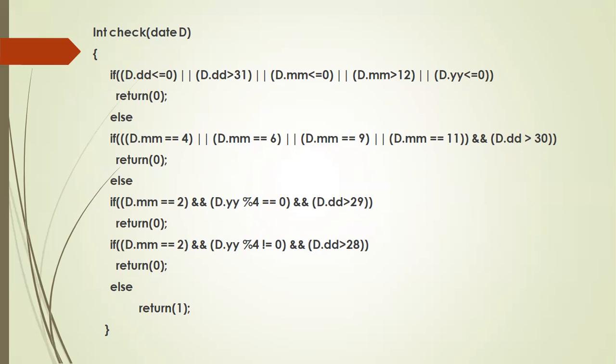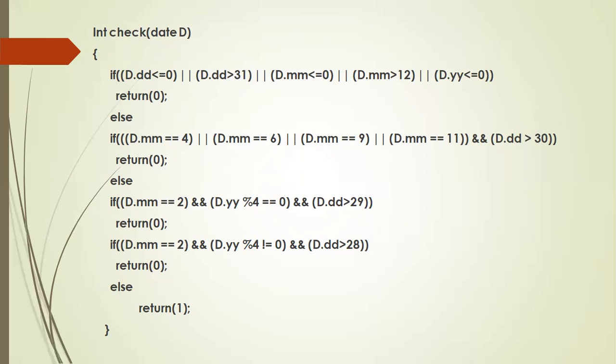Else, go for the month. If the month is 4, 6, 9 or 11, that is April, June, September, November, the date value should not be greater than 30, because the maximum number of days in these months is 30. If it is greater than 30, then it is invalid, return 0. Else, if d.mm equals 2, it's February, and d.yy % 4 equals 0, it's a leap year.